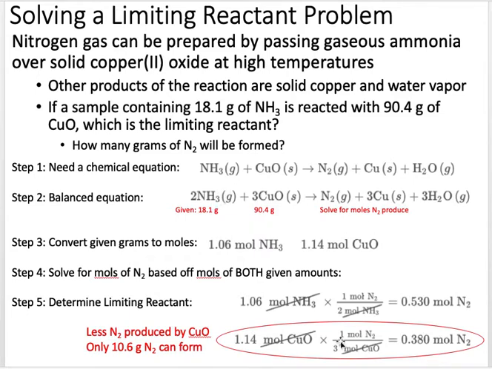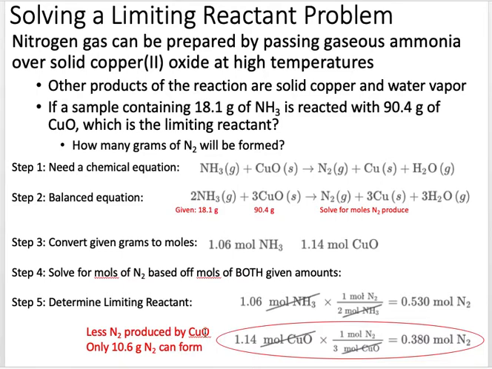Hopefully you've determined that the copper 2 oxide should be the limiting reactant. It produced less N2. Under the conditions given here, we can never produce 0.53 moles of N2. We would run out of copper oxide before we would be able to get to that 0.53. So this is our limiting reactant.